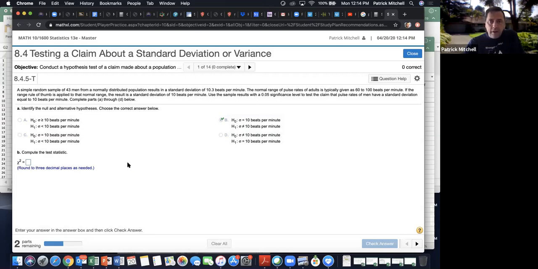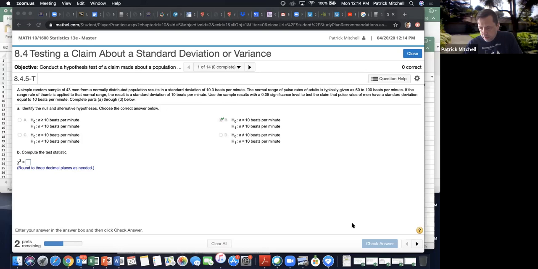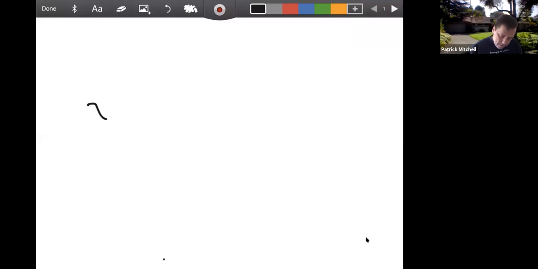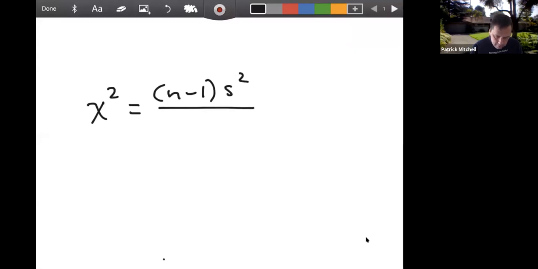Okay, now they want me to calculate the test statistic. So I am going to go over to my tablet for that. Okay, here we go. The formula for the test statistic for this type of test is chi-square equals n minus 1 times s squared over sigma squared.